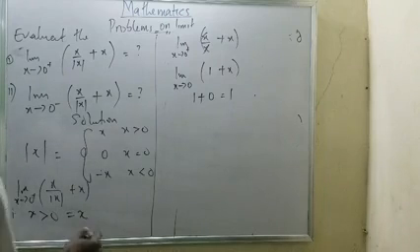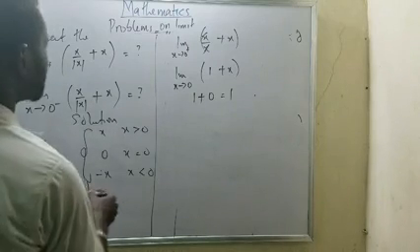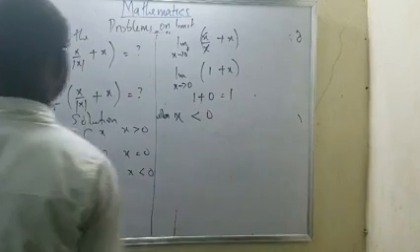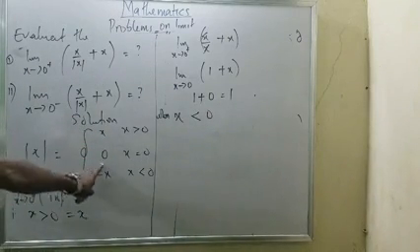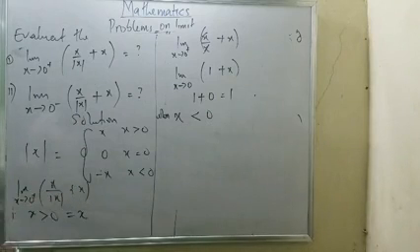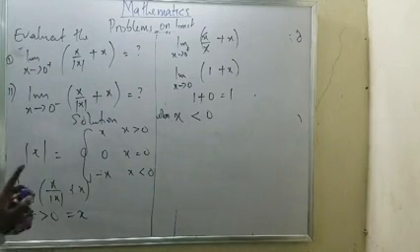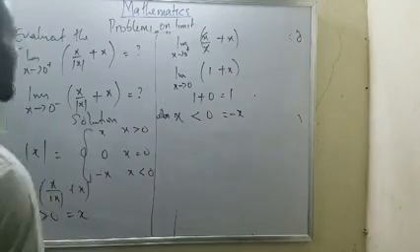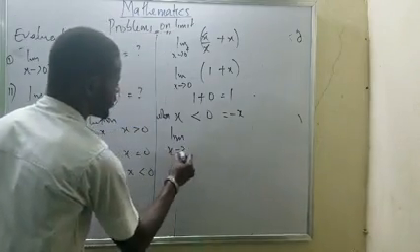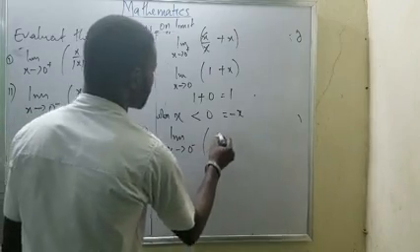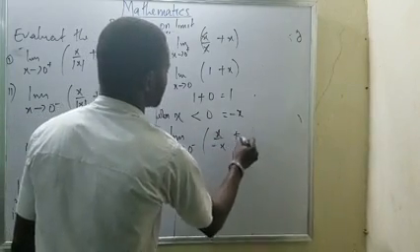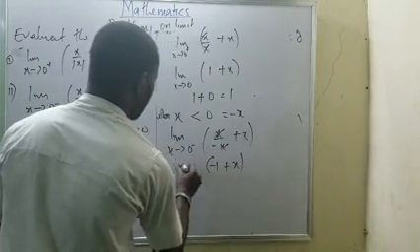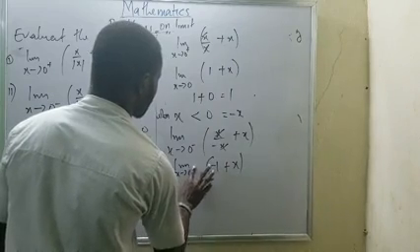The next is when x is less than 0. When x is less than 0, the absolute value of x is minus x. It means I'll have the limit of x over minus x plus x, which is going to be minus 1 plus x, as x tends to 0 negative.